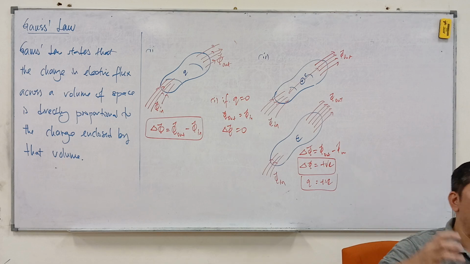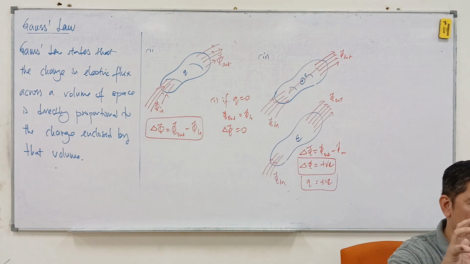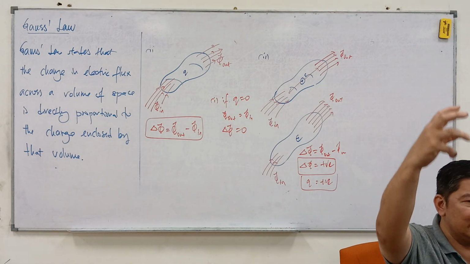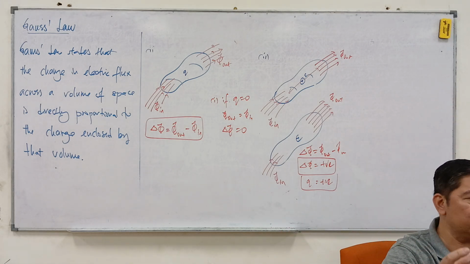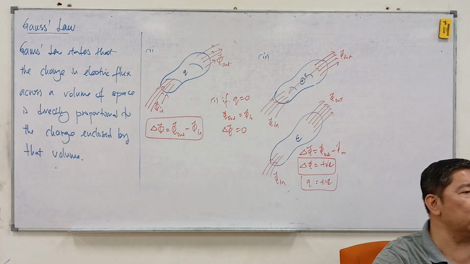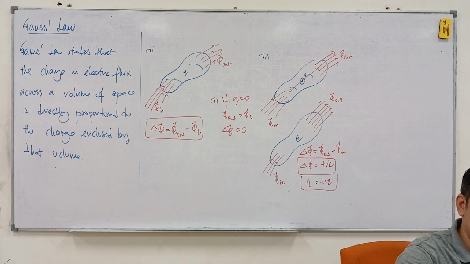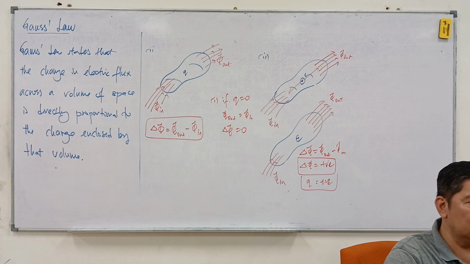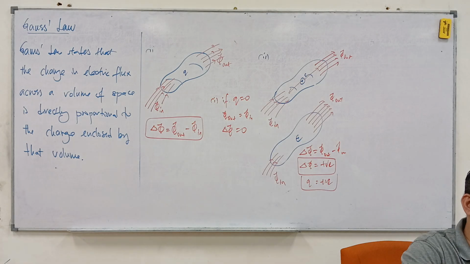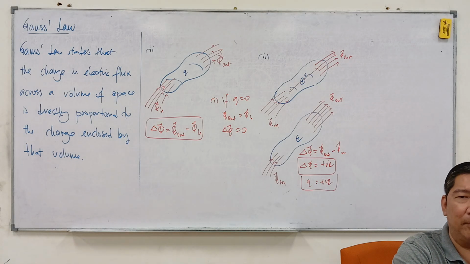When you put an object, whatever object, as long as the electric field can pass through it, inside a uniform electric field, you check how much field enters and how much field comes out in a certain direction. If the amount of field that comes out is more than the amount that enters, you can confirm that the object contains positive charge.